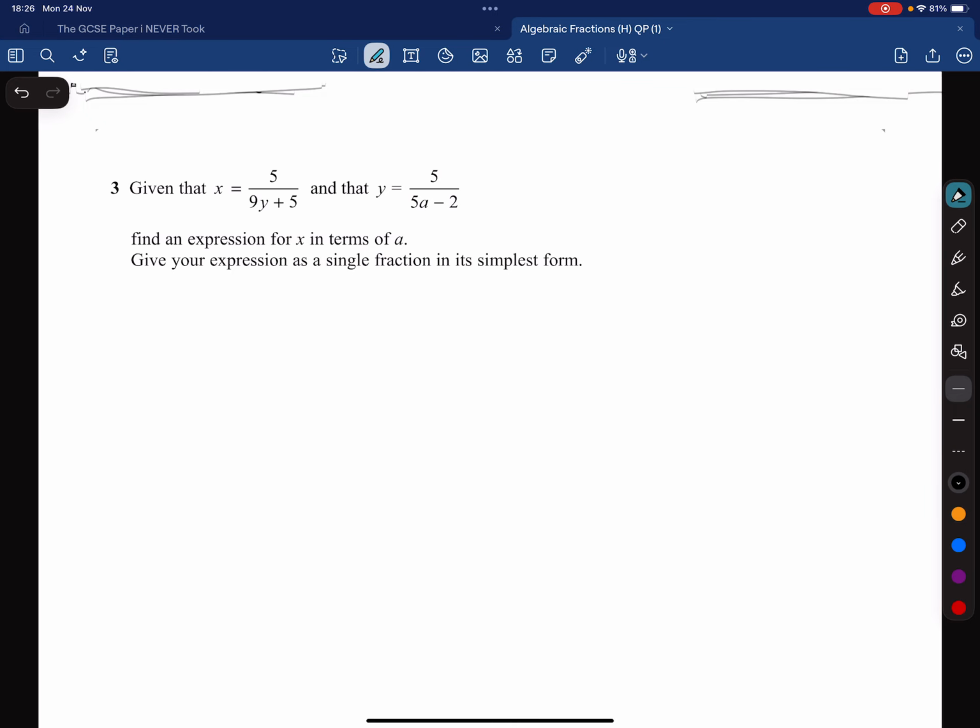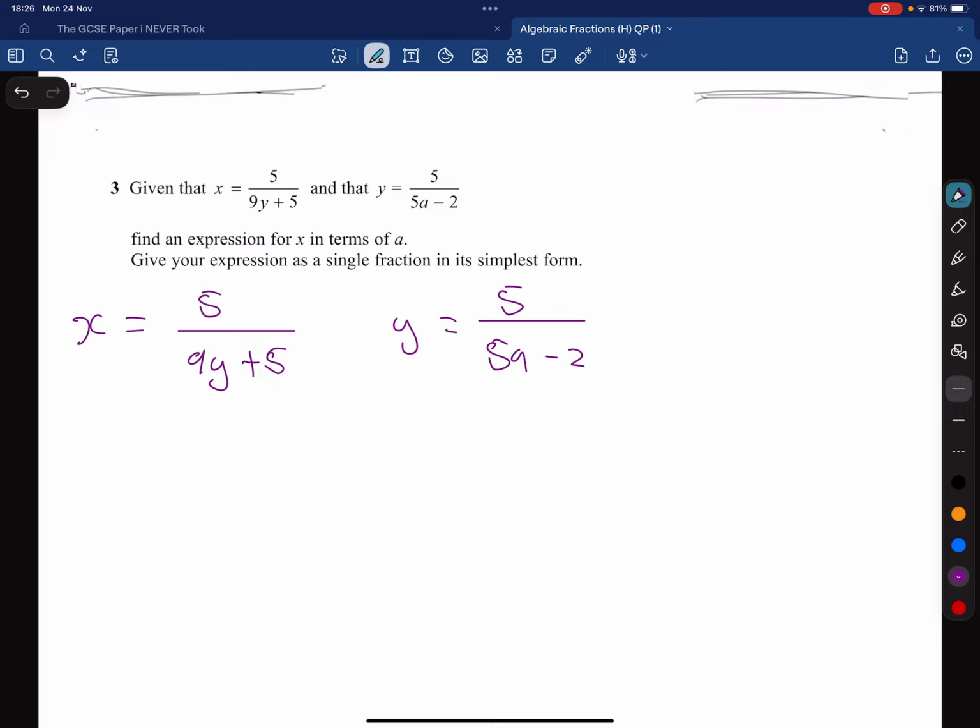So what I'm going to do is I'm just going to copy the question down. I'm going to go with x is equal to 5 over 9y plus 5. And then we've got y is equal to 5 over 5a minus 2.